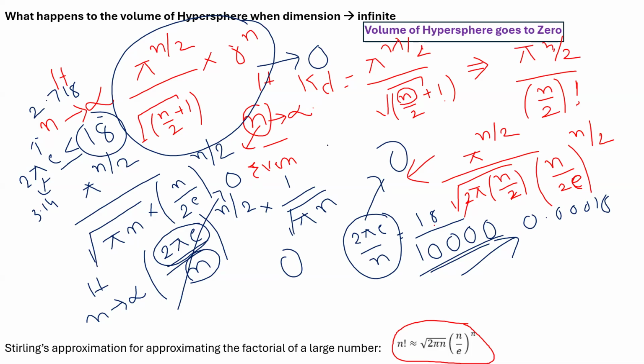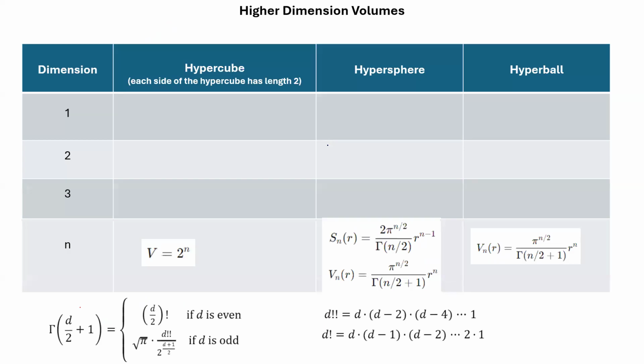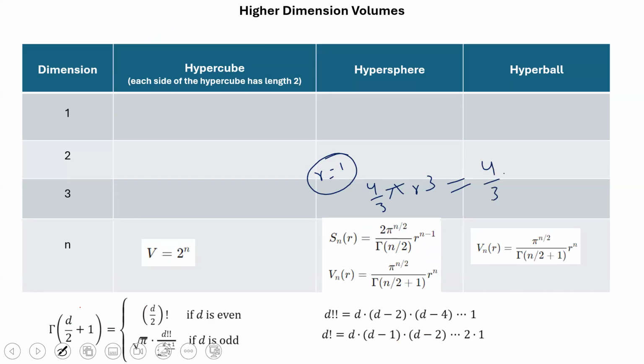Does that look interesting? In 3 dimensions, it is 4 by 3 pi r cube. If you take r equal to 1 unit, what is the value coming to be? 4 by 3 into pi, which is 4 by 3 into 22 by 7. So 22 into 4 divided by 7 into 3.